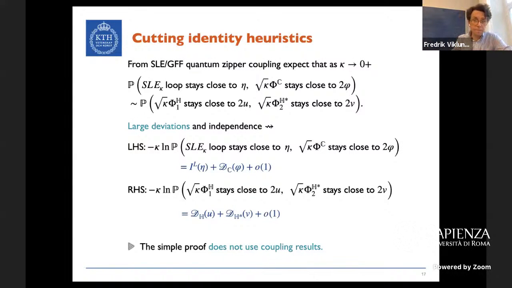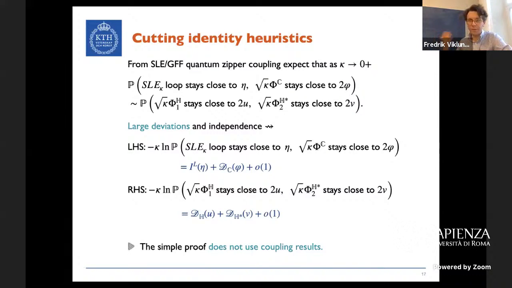Then expressing this in terms of large deviation rate functions and independence, these two are supposed to be independent, and also the SLE and the field are independent. You would expect that if you take the log and multiply by kappa, then as kappa goes to 0, the rate functions should add up, since they correspond to independent variables. So you should get the sum of these two, equal to the sum of those two, which is precisely the identity.